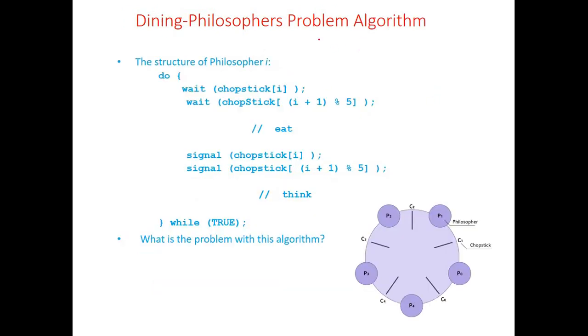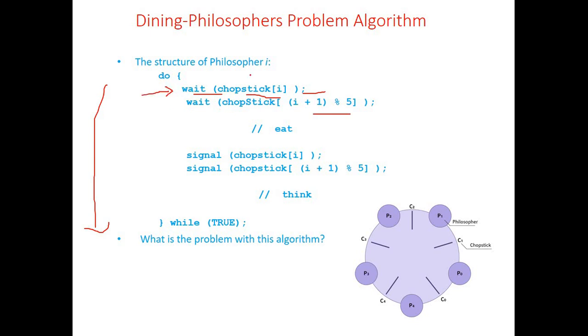The structure of the Dining Philosophers problem algorithm is as given in the slide. Initially, the philosopher tries to take the left chopstick, then he tries to take the right chopstick. So he calls the wait function on the left chopstick. Then he calls the wait function on the right chopstick.